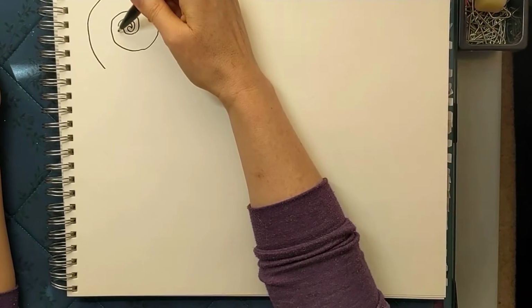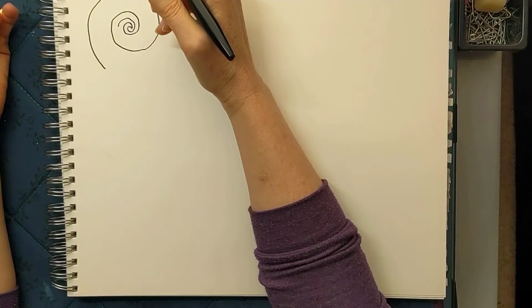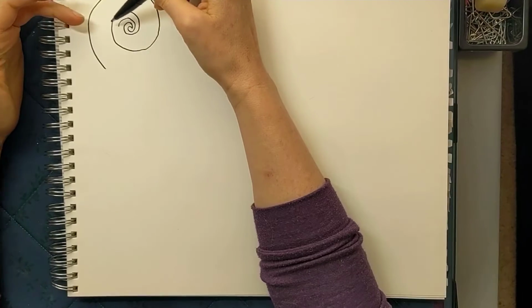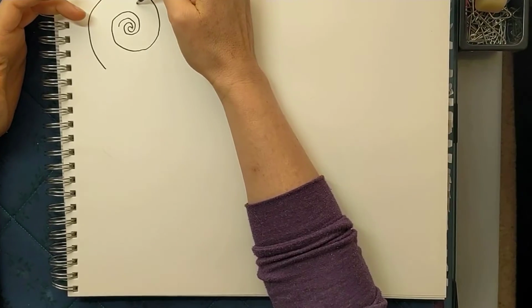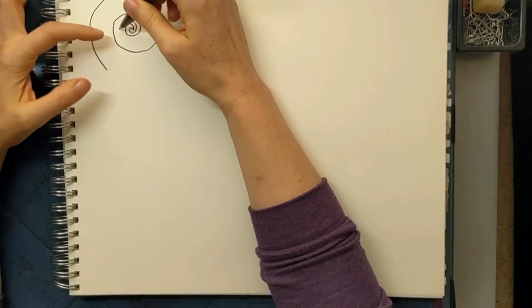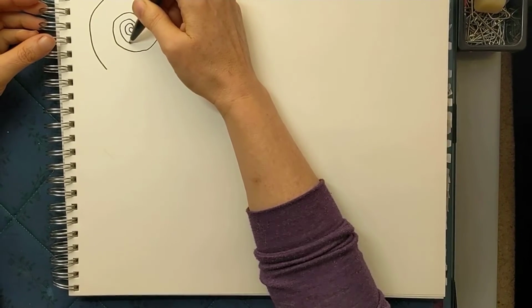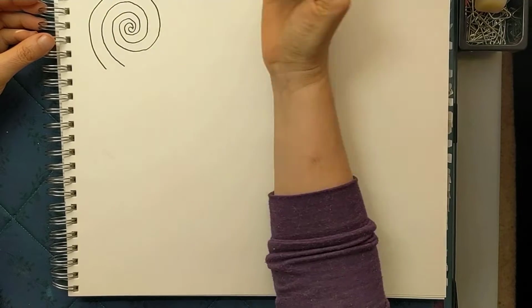You look forward ahead on the road when you drive a car, and when you're free motion quilting or doodling, you want to look ahead so that your eyes will take you to whatever spot you're aiming for. So it's a good habit to get into. Instead of looking at right where you're at, look where you're going. So I'll go ahead and just continue this swirl all the way out.